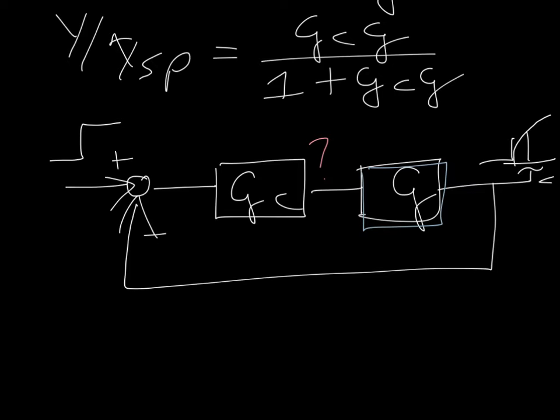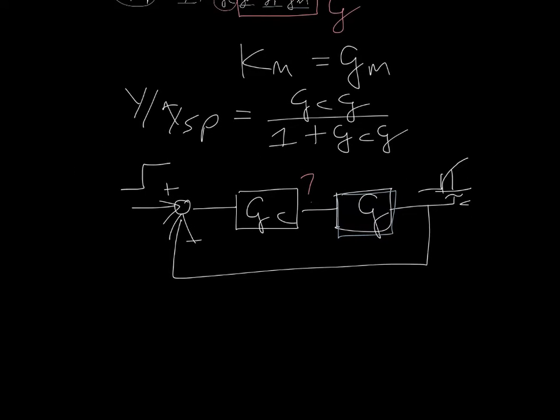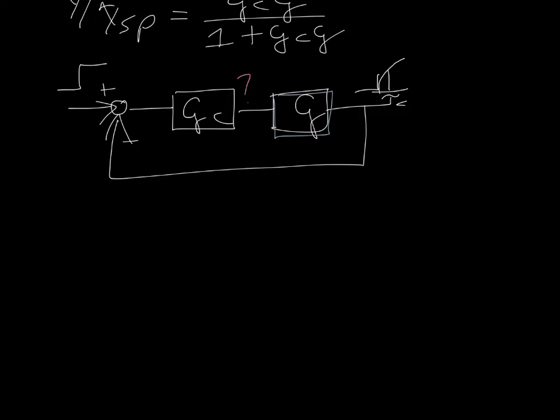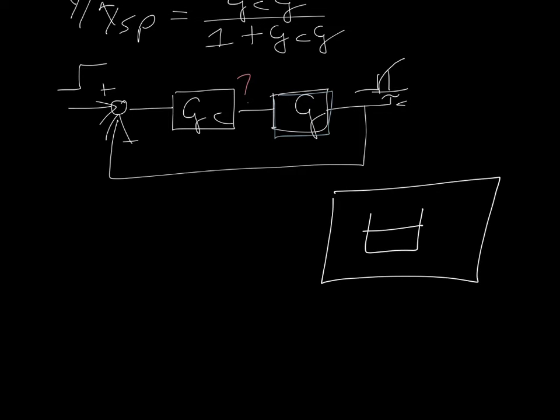So another distinction that we'll be making is between G, which we will say is the actual process itself, right? The tank or whatever, and this is G. But we don't in general have access to the real process itself while we are doing calculations.